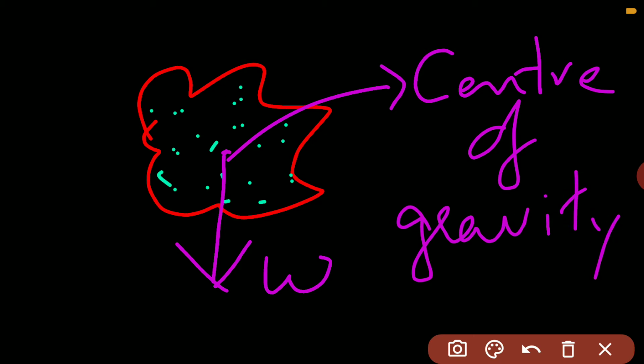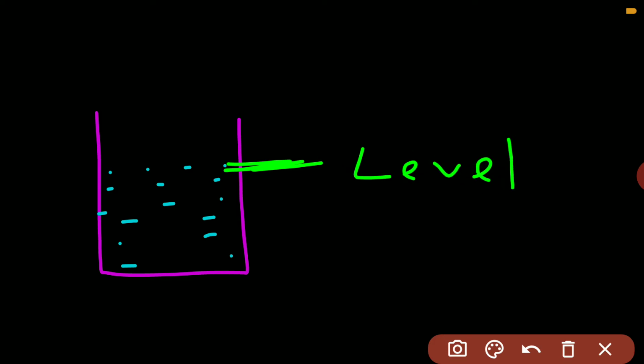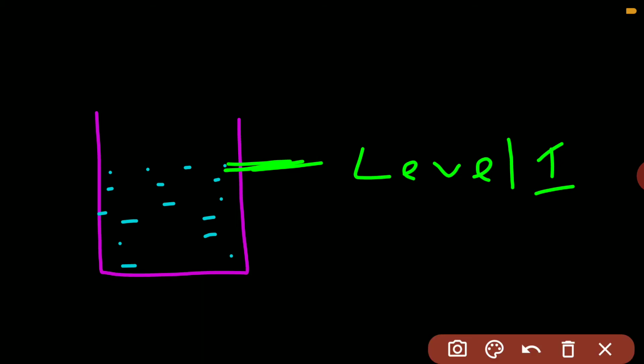Now this we have discussed in the previous videos also from the topic gravitation. Now let us understand the center of buoyancy. Let us consider one beaker filled with a liquid up to one level till here. So this is the initial level, level 1. Now suppose I immerse one object here, a ball, completely immersed.